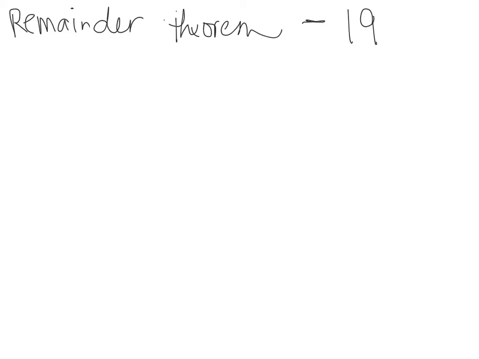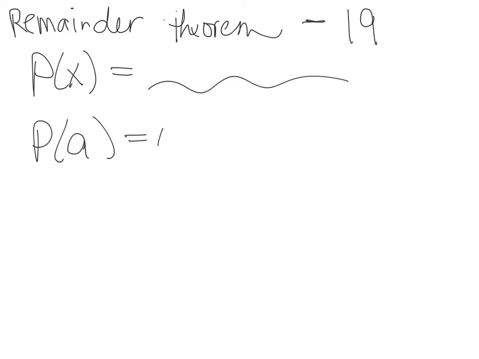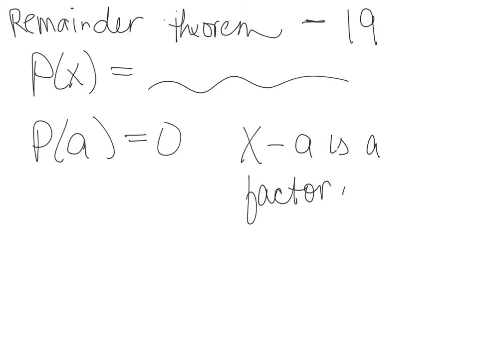Basically, it states that if you have some polynomial, and you plug in a value a and you get 0 for the polynomial, then x minus a is a factor of the polynomial. Okay, the remainder theorem plays a really important role in really the basis for this lesson.